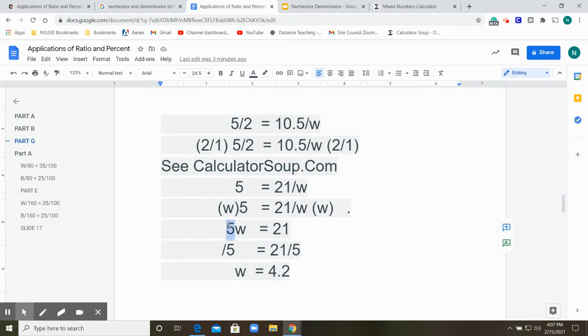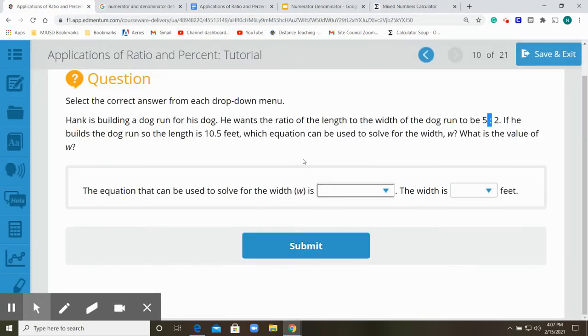Now we need to get rid of the 5 to find just the width. So we divide by 5. 21 divided by 5 is 4.2. So the width equals 4.2 feet. Now, let's see which answers work for that.